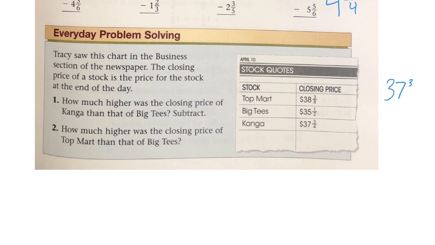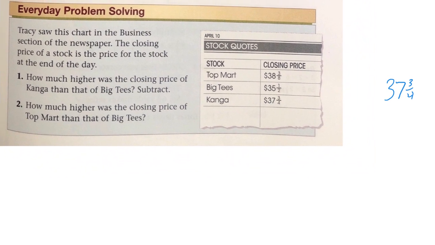37 3/4. I should move this over here. I'm going to write it over here. All right, let's try this again. 37 3/4 for Kanga. Take away 35 1/2.